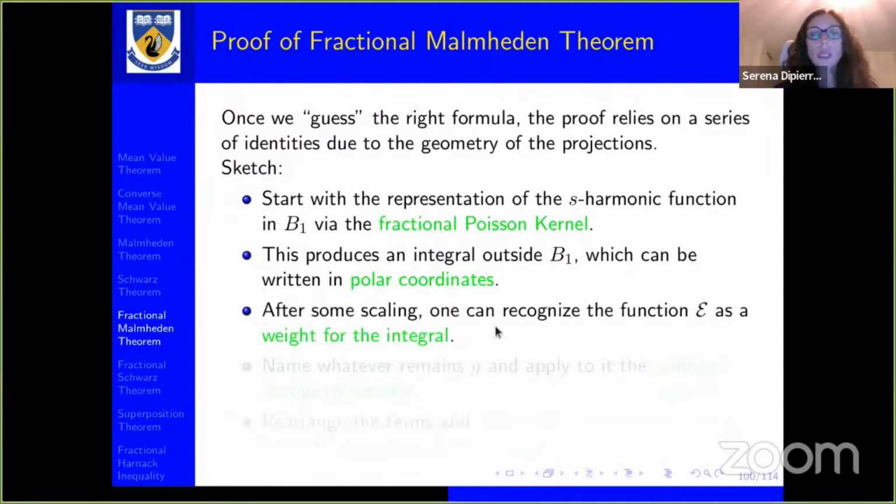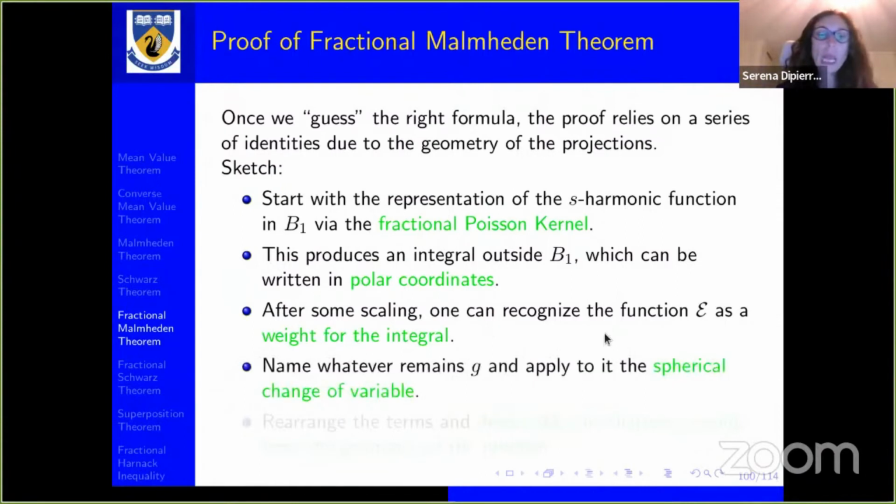If I do this, I can play a bit with the scaling and recognize the kernel E as a weight for the integral. And then I name whatever remains. So once I take E out, I isolate it. Whatever remains, I can call it G.